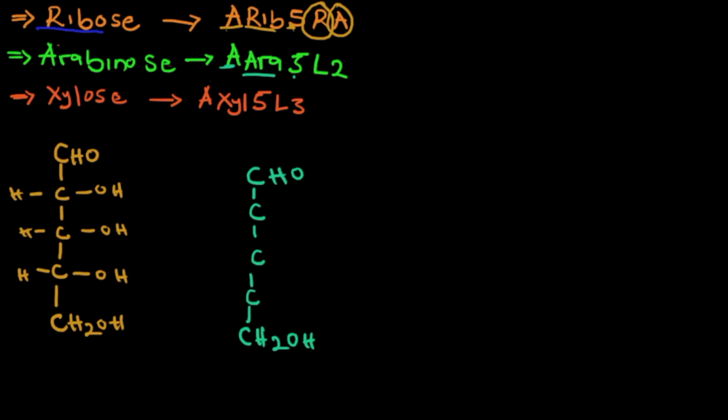Then L2, meaning my position of difference is left in carbon number 2. Okay, then carbon number 1, carbon number 2, I have to the left, and I know all the remaining carbons, my OH is to the right. And at the same time, I know the remaining positions I fill with my hydrogen, and this is Arabinus.